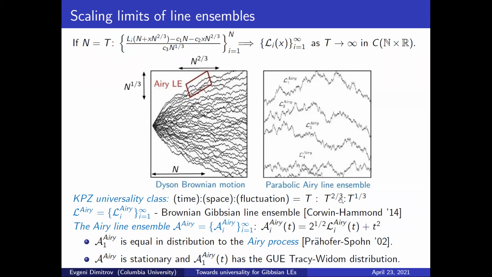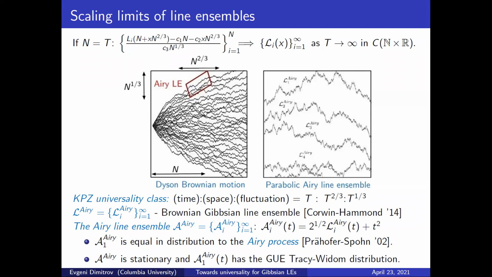Here we horizontally need to rescale by t to the 2/3 and vertically by t to the 1/3. So the scaling exponents are different. And also the limiting objects are different. So before they were Brownian motion or Brownian bridges, or their multi-line analogs, now they're going to become the Airy process or its multi-line analog.